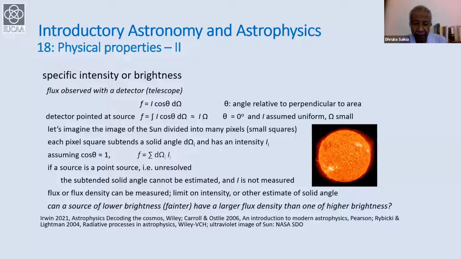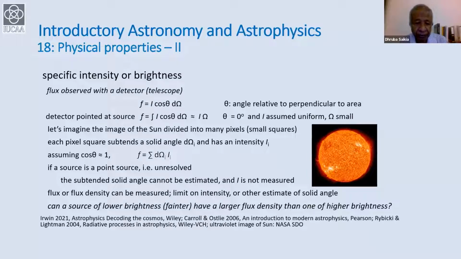I can also estimate brightness from another angle. During the presentations that you made, one of you mentioned estimating the size from the time scale of variability, because the maximum velocity with which a signal can propagate is the velocity of light. So that will give me a size scale from the time scale of variability.